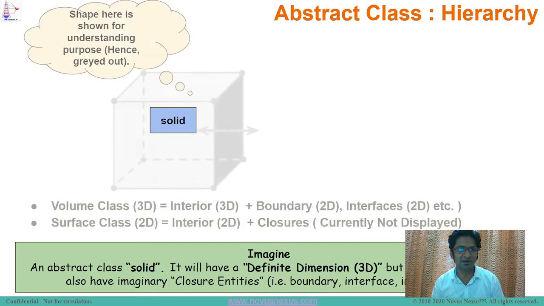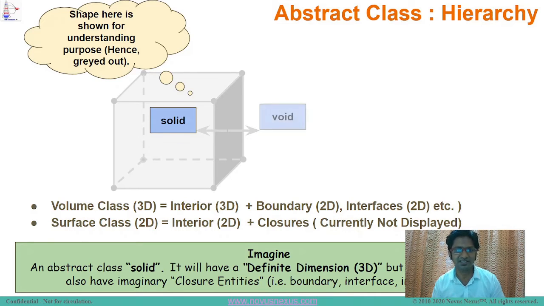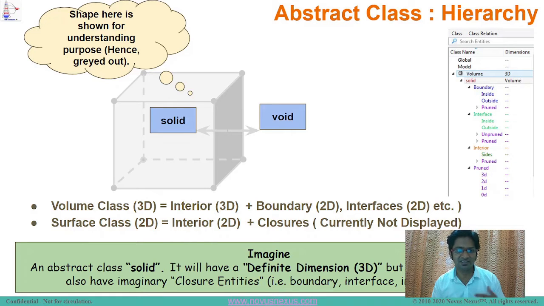For example, if I say a solid class, then you can see this cube structure, which is just shown for understanding purposes; it is actually grayed out. This solid class will have all the imaginary closure entities like boundary, interface and interior, which are synonymous with the topological connections of CAE geometry.